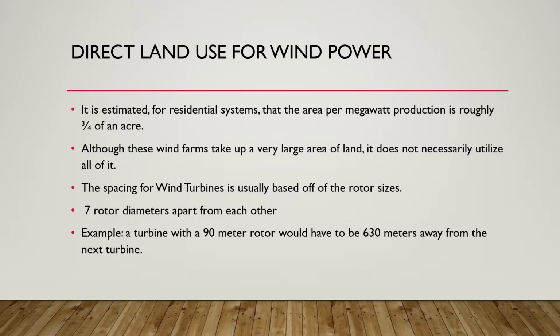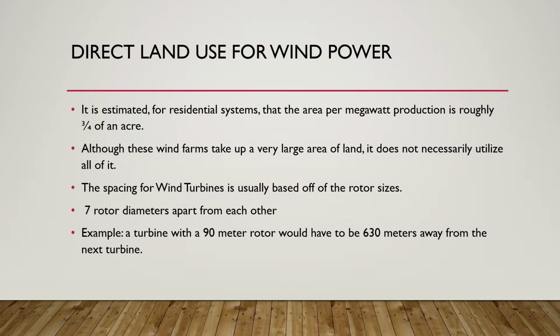Although these wind farms take up a very large area of land, they do not necessarily utilize all of it. The spacing has a large effect on the amount of land used.